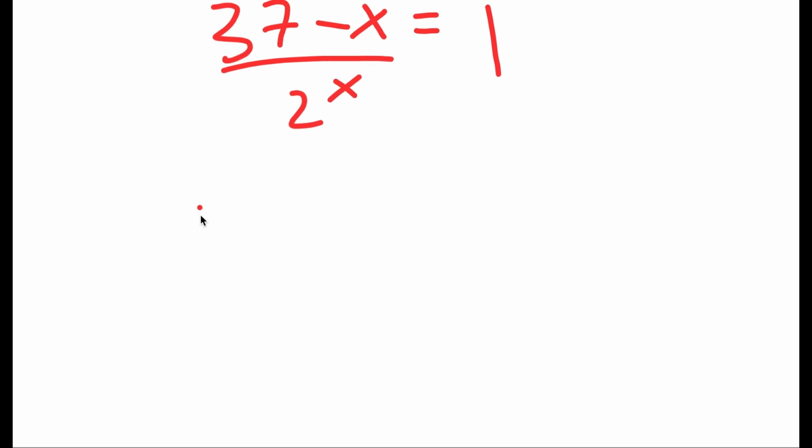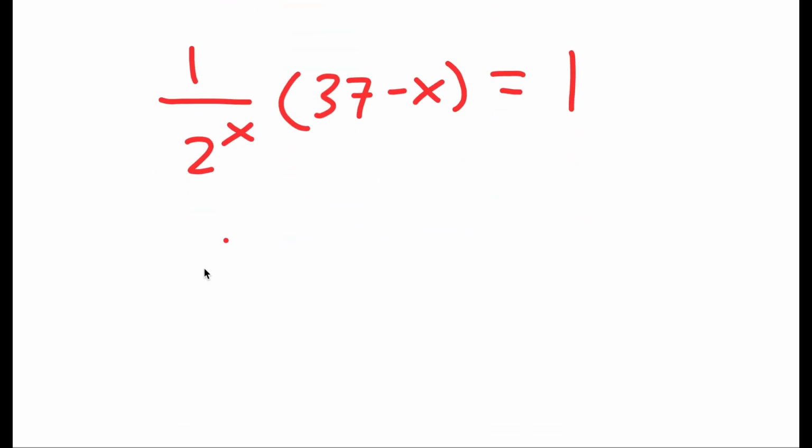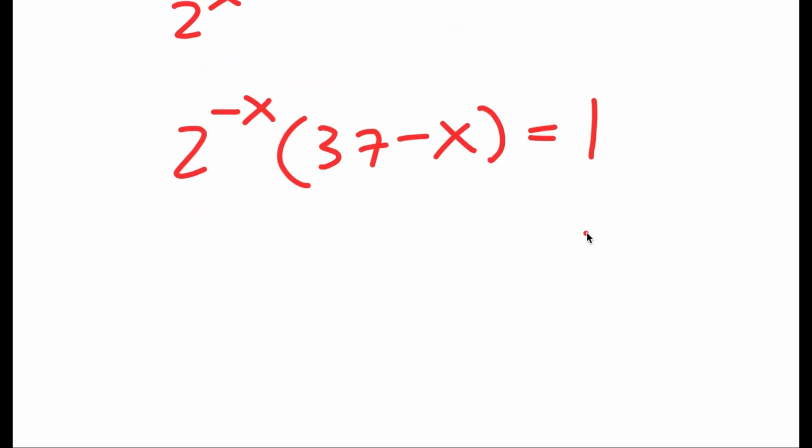Now, this is the same thing as 1 over 2 to the power of x times 37 minus x is equal to 1. And 1 over 2 to the power of x is the same thing as 2 to the power of negative x. So I have 2 to the power of negative x times 37 minus x is equal to 1. Now from here, what I'm going to do is multiply both sides by 2 to the power of 37.